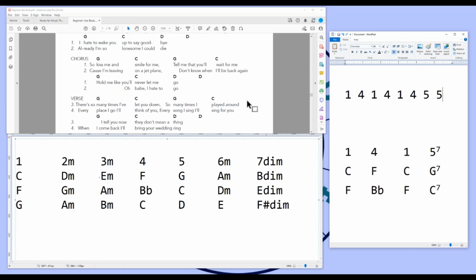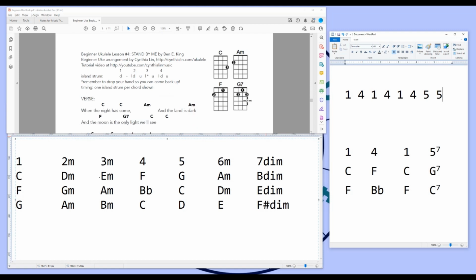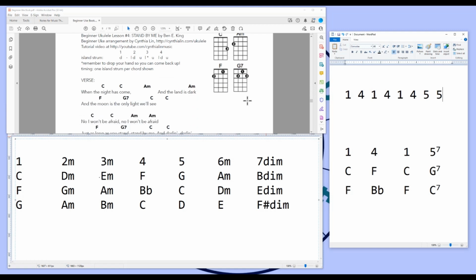Let's go to Stand By Me. Again, Stand By Me has a very repeated pattern. In this case, they're in the key of C. So look at your C chord. It's a 1. It's repeated twice.